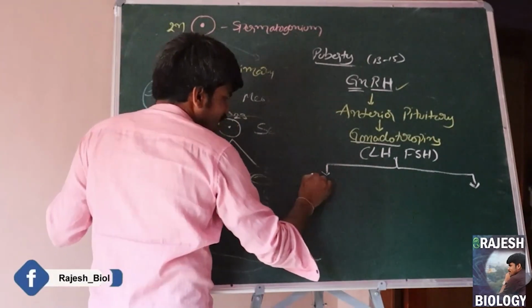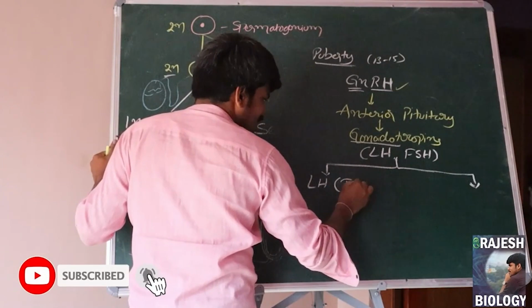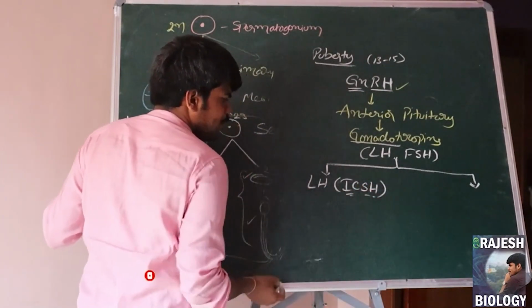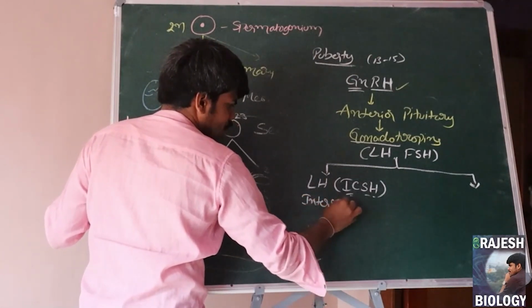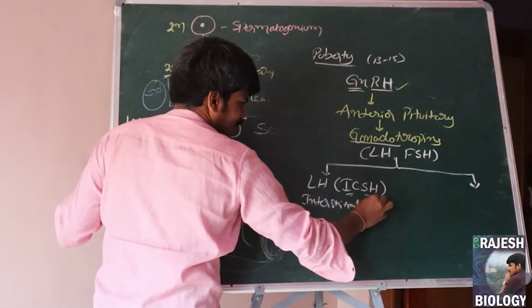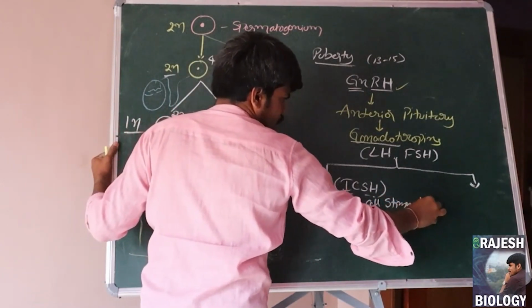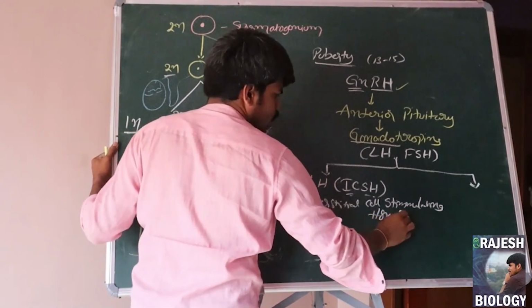LH in male is called ICSH. Why is it called ICSH? Interstitial cell stimulating hormone.